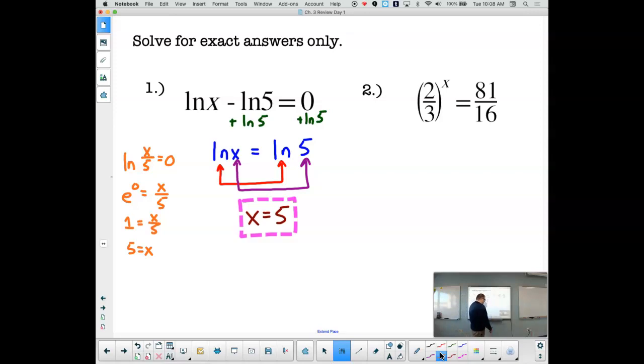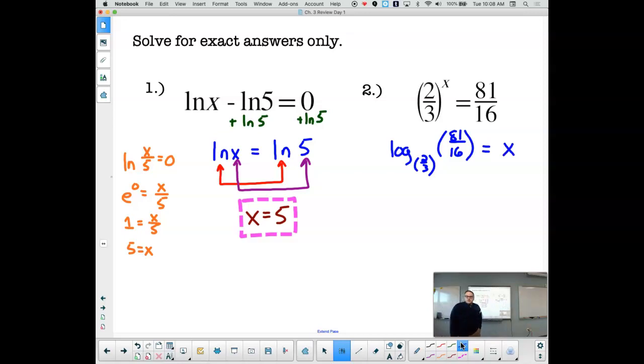Okay, so a couple of different options there. In number 2 here, okay, we have an exponential equation, or an exponented term, I think would be the best way of saying it. We have an exponented term equaling a number, so we could switch forms with it right away if we wanted to. We could go log with a base of 2/3 of 81/16, and that's going to equal x.